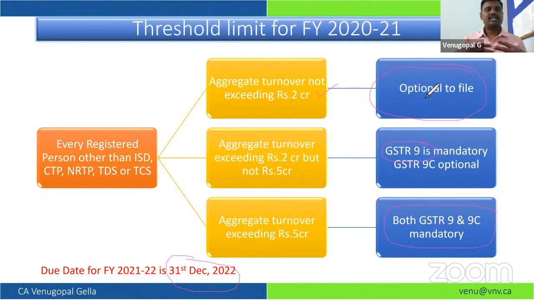I would say GSTR 9 is the last option to explain your turnover, tax liability and ITC availment for a given period. Given that this is the last option, it is even more important that you file it in the right way.